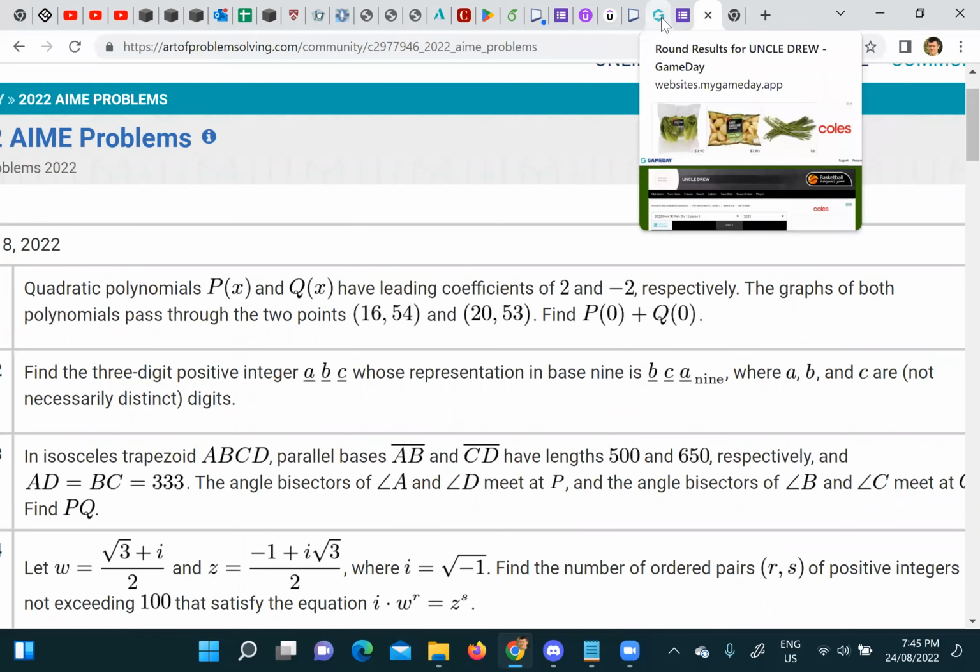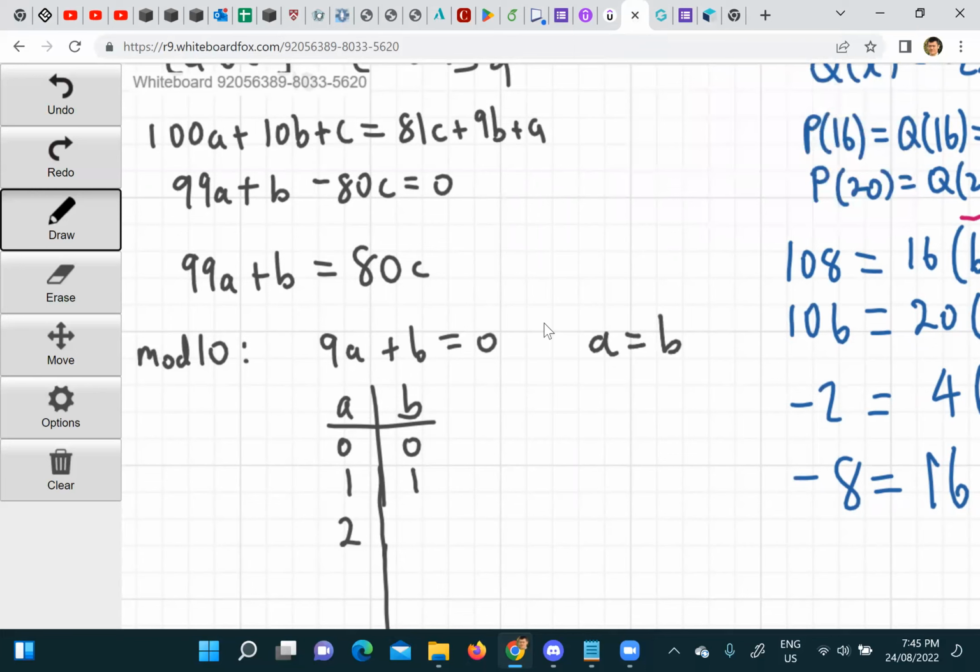Oh, well, we proved actually then that A has to equal B, right? So if the question said distinct, there'd be no solutions, right? Okay, so that's very convenient, yeah.